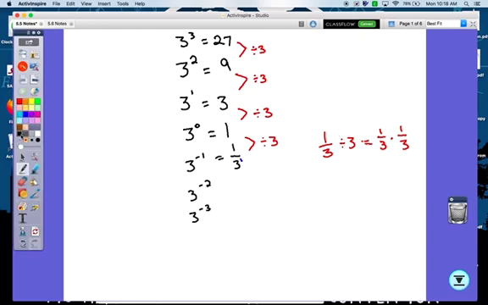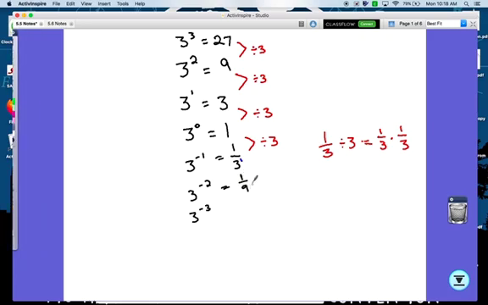And that gives us 1/9, which is the same thing as 1 over 3 squared. And if you follow that pattern out, it's going to give you 1 over 27 for 3 to the negative third, which is 1 over 3 to the third.